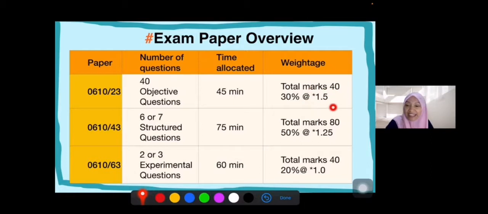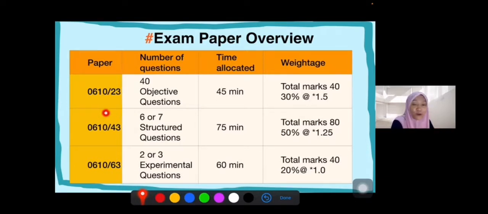Or kita boleh senangkan, setiap satu soalan tu, kalau you betul, you will get 1.5 marks. If you betul 2 soalan, you will get 3 marks. That's how paper 2 is very important for you to score. Kalau you salah satu, you hilang 1.5 markah. So, rugi. So, don't. Right?